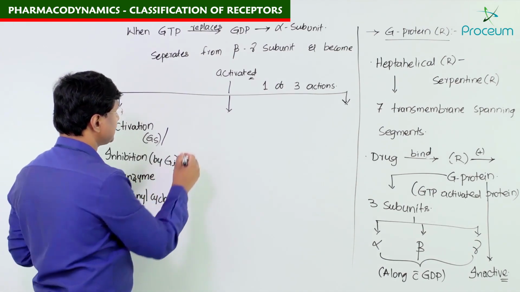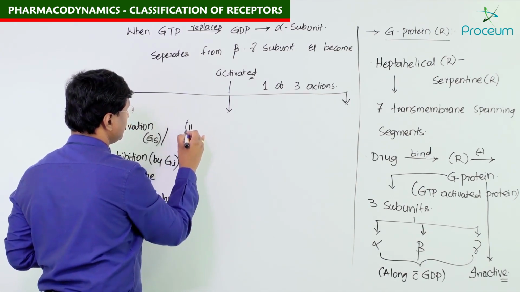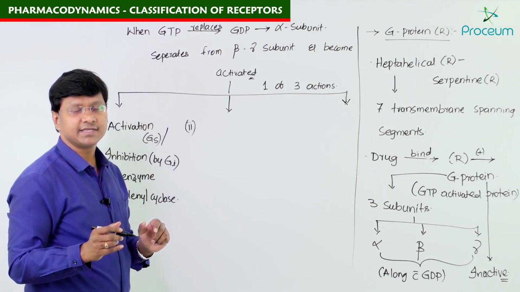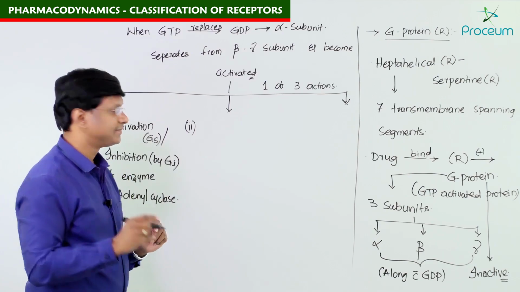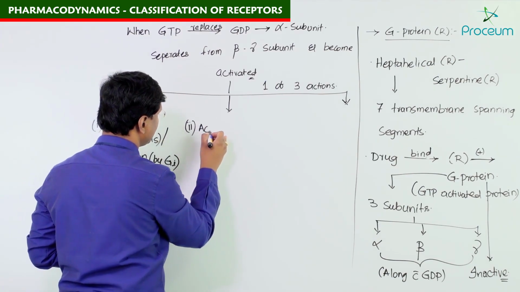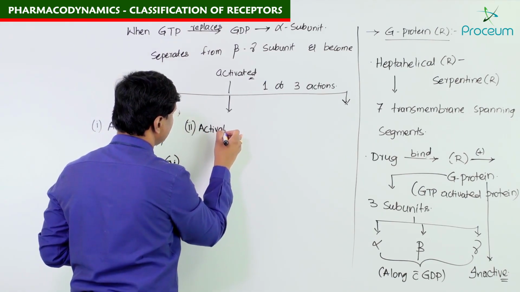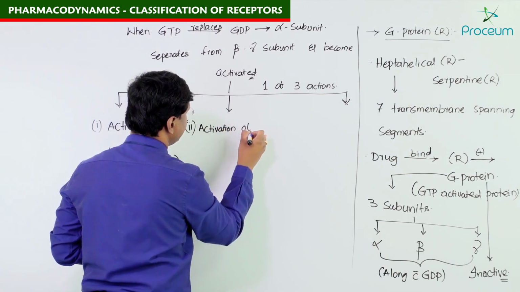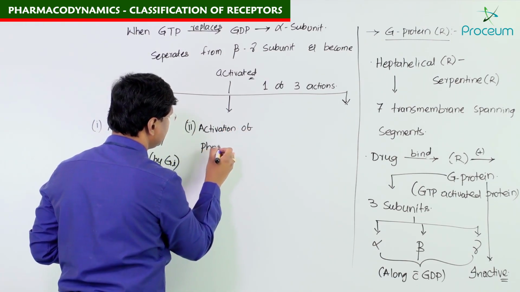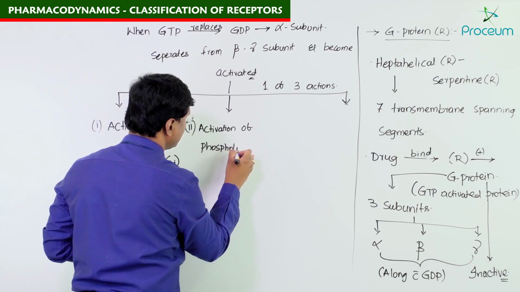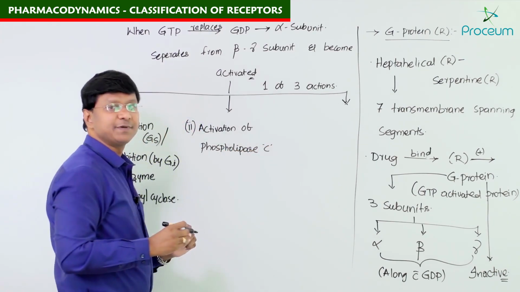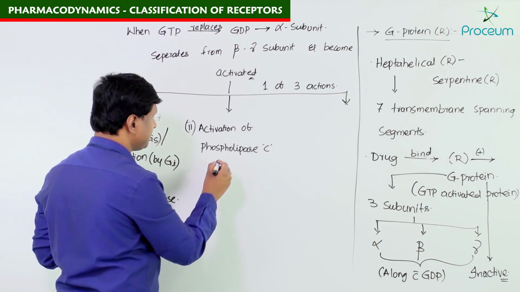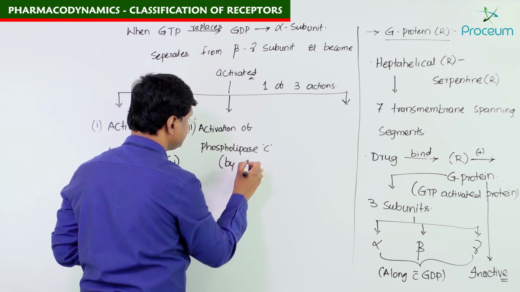Now what is the second action? The second action is activation of phospholipase C, and this particular activation is done by GQ.